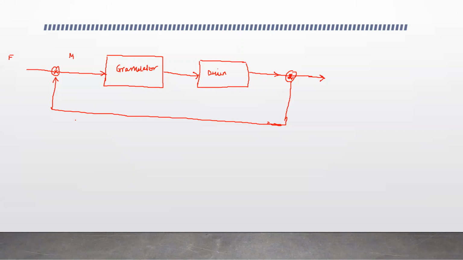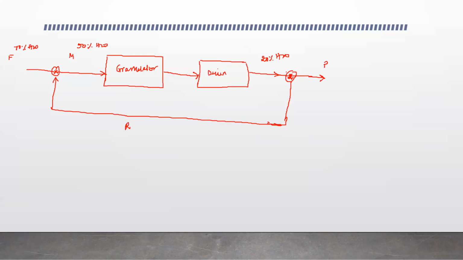So let's call this P and let's call this R. Also, they have given that this is 70% moisture, this is 50% moisture, and over here, leaving, this is 20% moisture.